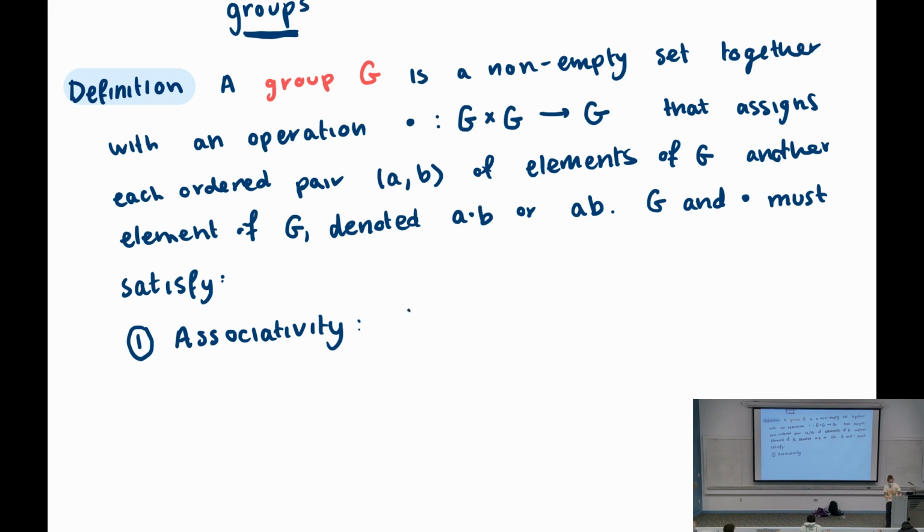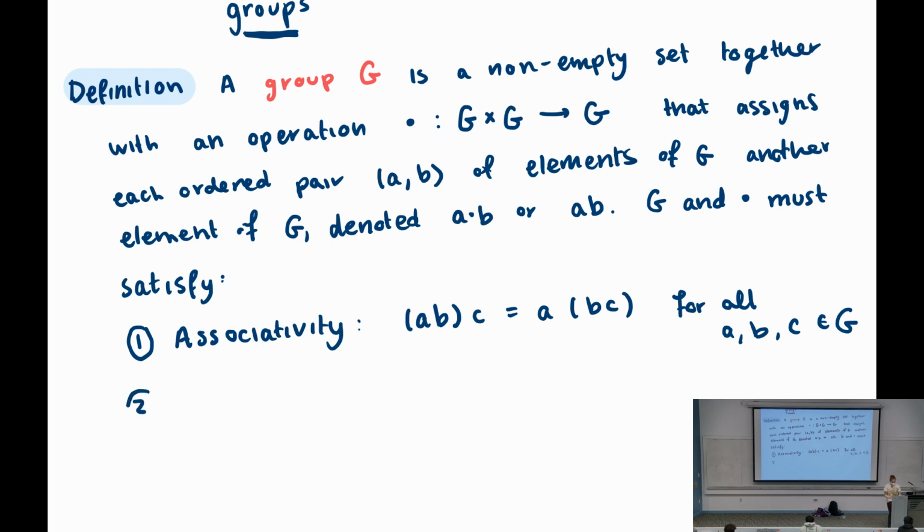We'll have that (A times B) times C is equal to A times (B times C) for all A, B, and C in G.